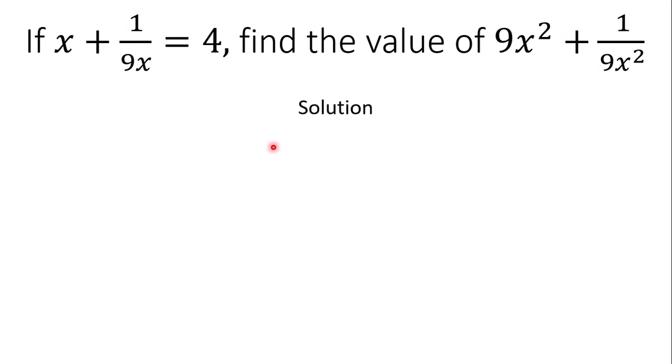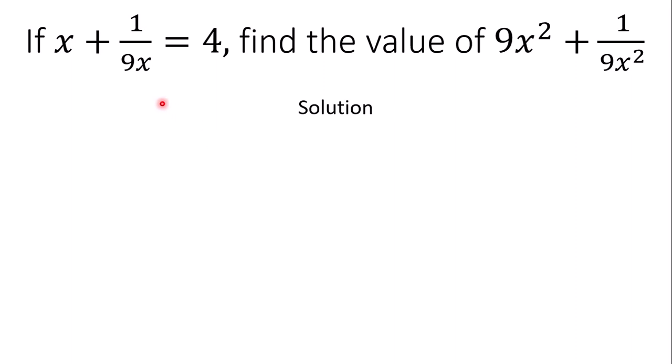Which of them are you bringing down? This or that? Since we know the value of the whole of this, which is equal to 4, I think we should rather bring this one down, because this one is an expression, and rewriting it in any way to get something like this, so that we can substitute it with 4, can be somehow difficult.